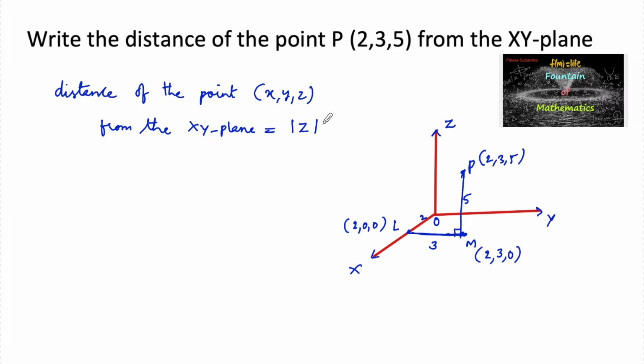Mod z units, that means the modulus of the z coordinate we can consider. So here the required distance of the point (2, 3, 5) from the xy plane is mod of 5, that is 5 units. Okay.